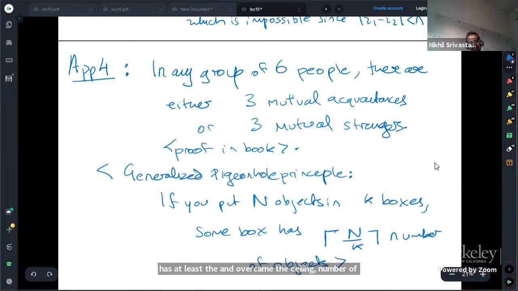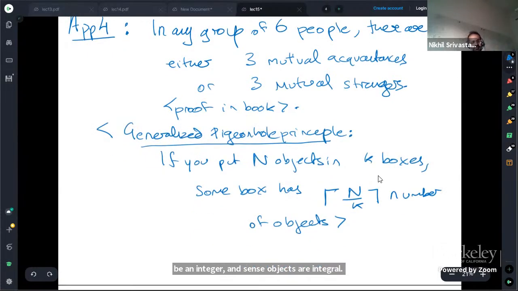And this is just a fancy way of saying there's somebody who's at least as big as the average. Right, n over k is the average number. That might not be an integer, and since the objects are integral, you can always round up to the integer above that.